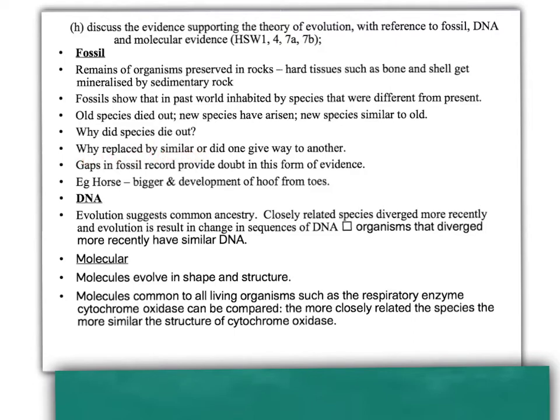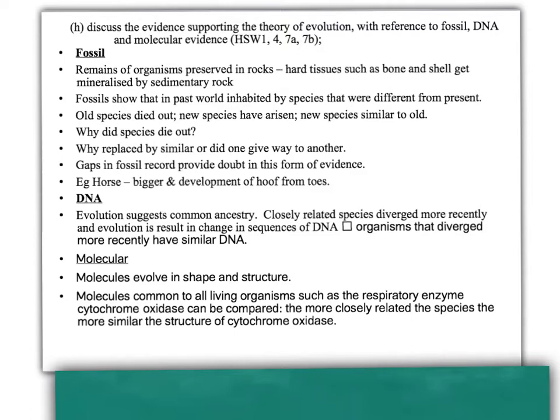Problems with the fossil record: there are gaps. It's not a complete record. This is grasped upon by doubters of the evolutionary theory, who say that there isn't actually a full fossil record, and therefore it's not a particularly reliable source of evidence to support evolution.